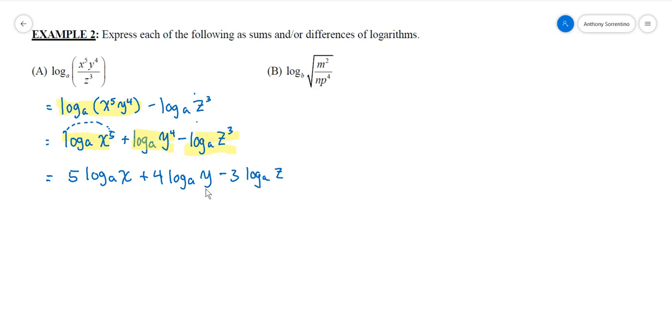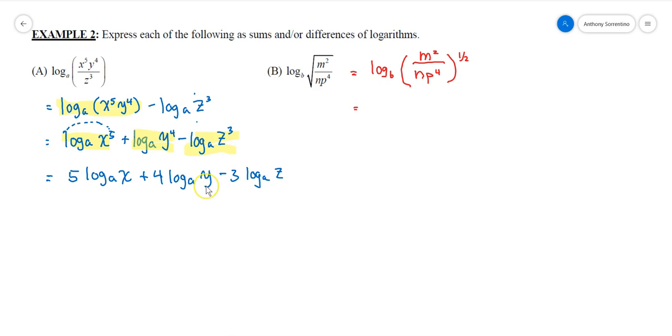Well, essentially here, I'm doing the log base b of m squared over n times p to the fourth, to the 1/2 power. That's what the square root's doing. And so to really make this a little easier, I'm going to square root everything first.